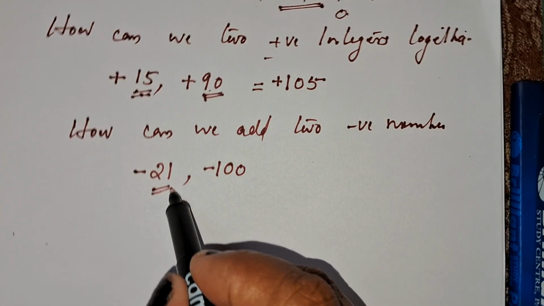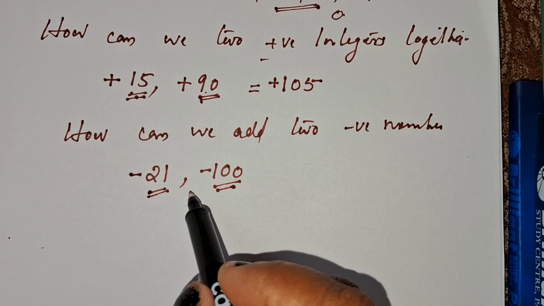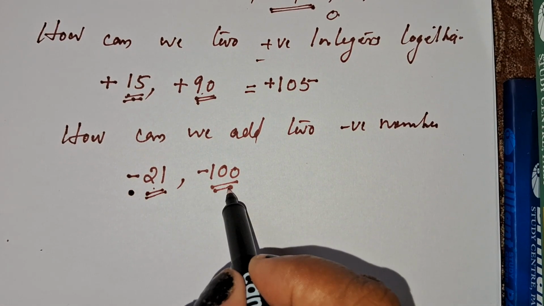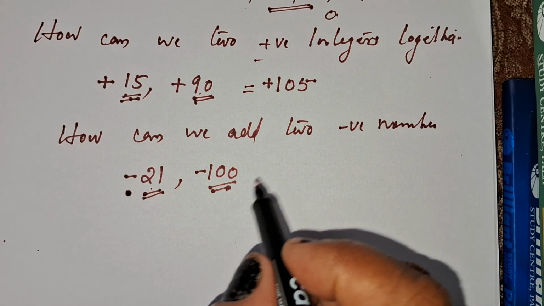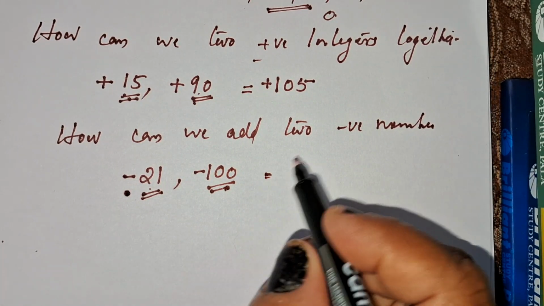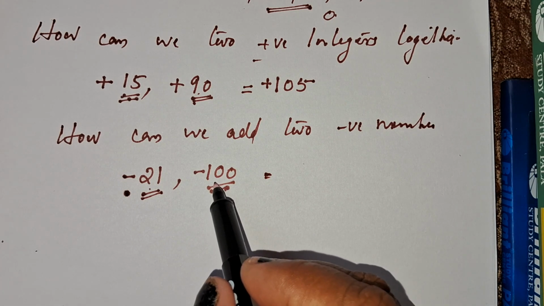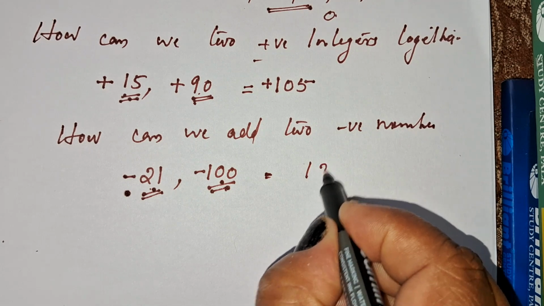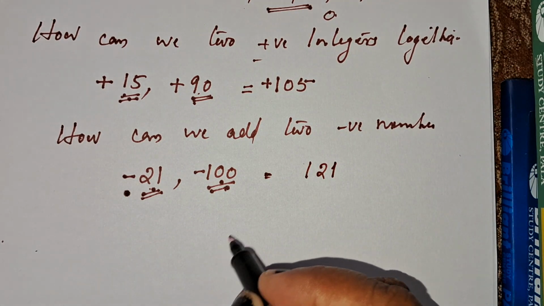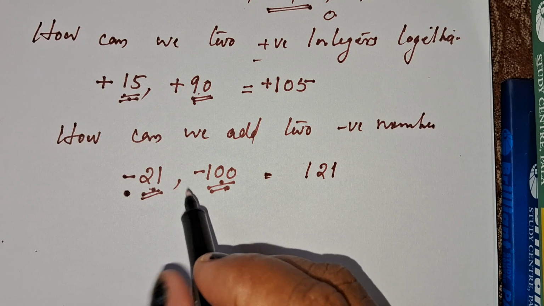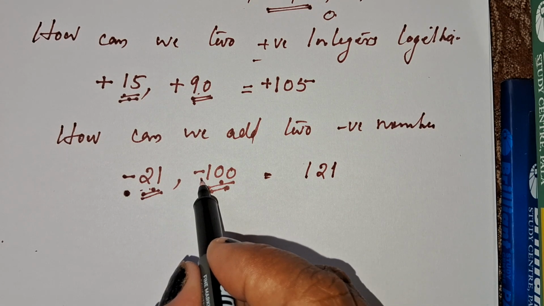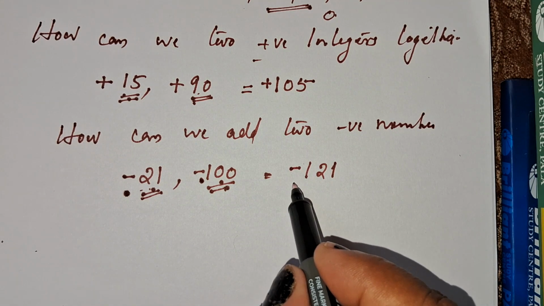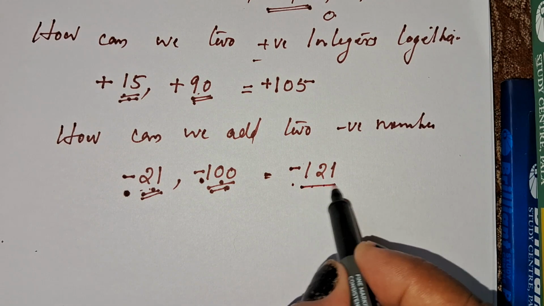Here these two numbers have a minus sign. 21 has a minus sign and 100 has a minus sign. So here also add the numbers together. 100 plus 21 is 121. Then what is the sign? These two numbers have a negative sign, so here also negative. That is -121. That is the answer.